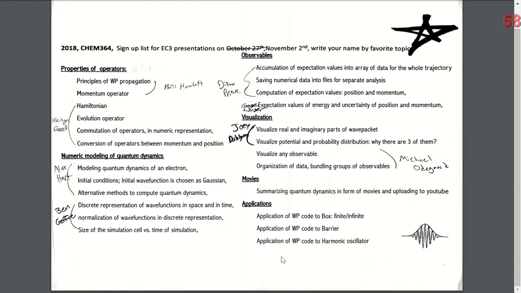Organization of data: bundling groups of observables. So suppose that, well, not suppose, you all are very busy. Maybe the third year of undergraduates is the busiest time in life. And suppose that you do not have time to listen to this mumbling and find command line codes to bring up a specific variable.